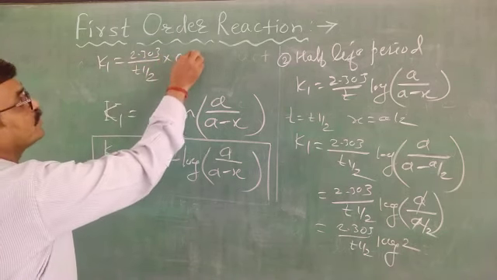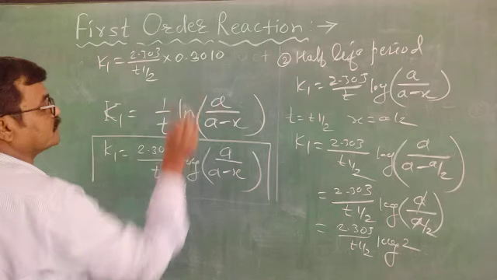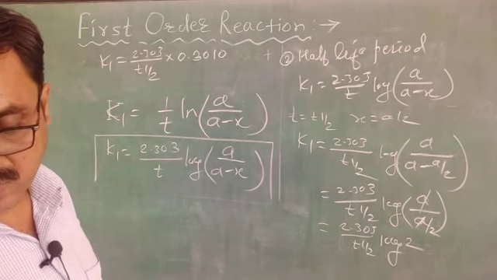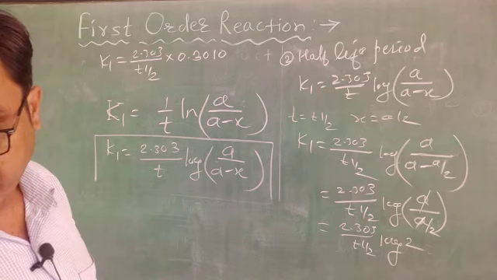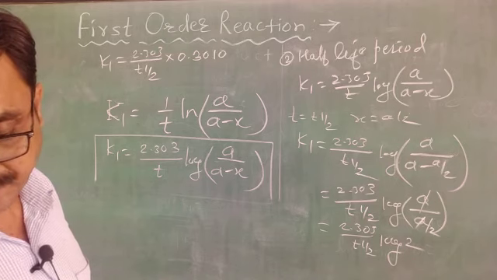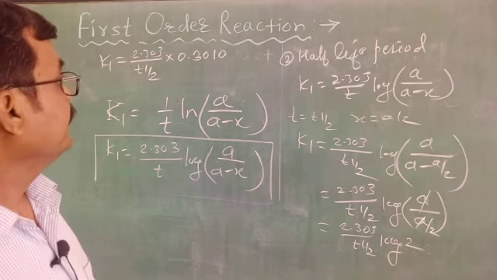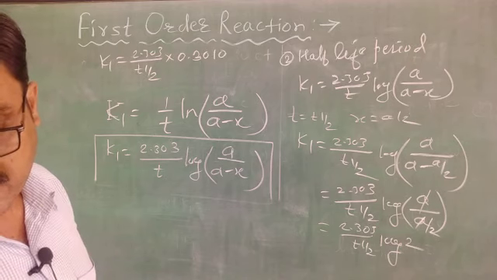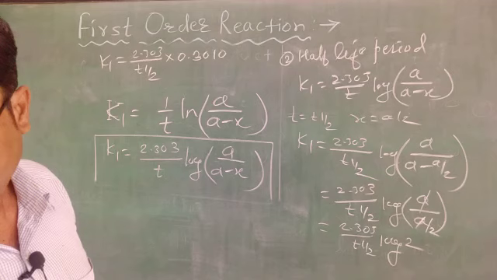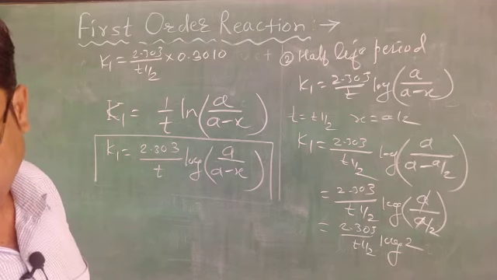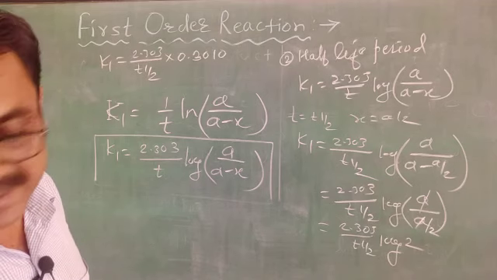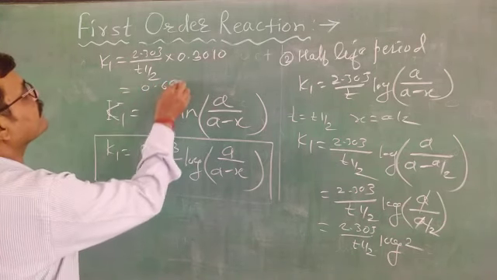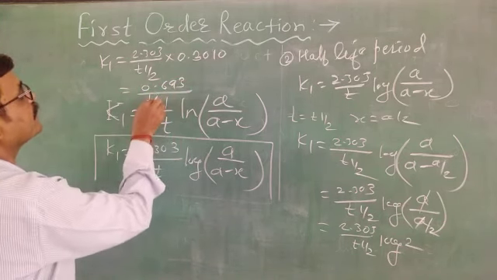Log 2 means 0.3010. Now 2.303 multiplied by this, you will get a constant value, and that constant value becomes 0.693 upon t half.